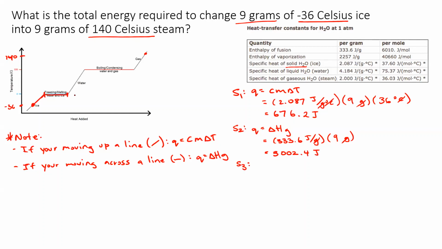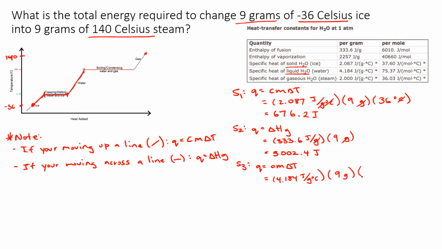For step 3, we want to move up this line to the next bridge. That makes this Q equals Cmat. Now our C in this case is no longer 2.087. We're working with liquid H2O, so that means we're working with 4.184 joules per gram degree Celsius, again multiplied by 9 grams.